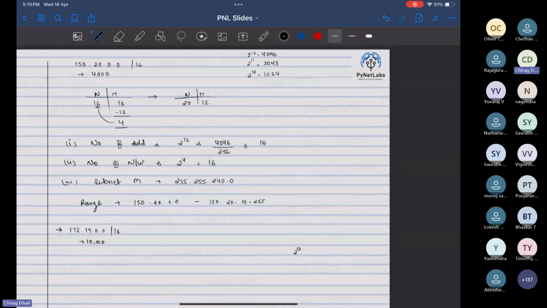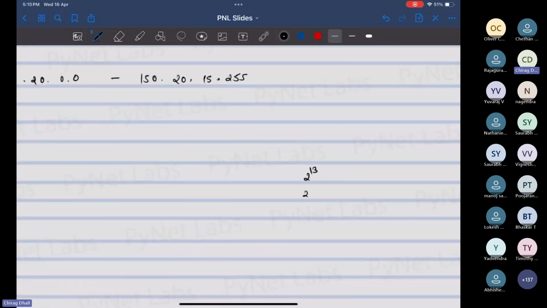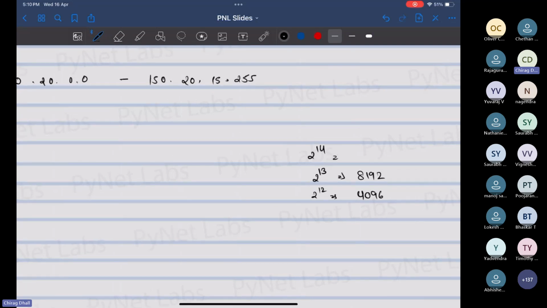We calculated it for 12, right? 2 raised to the power 12 was 4096. 2 raised to the power 13 will be 8192. But my requirement is 10,000 addresses. So I'll move ahead. 2 raised to the power 14 is going to be 16384.